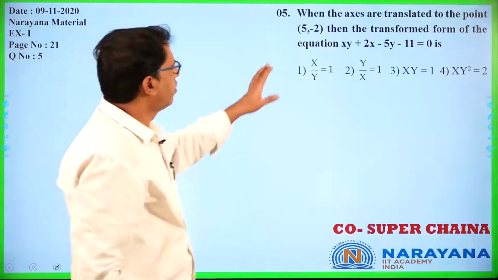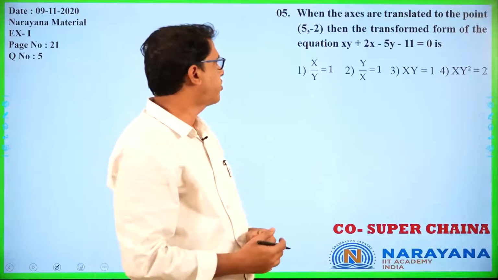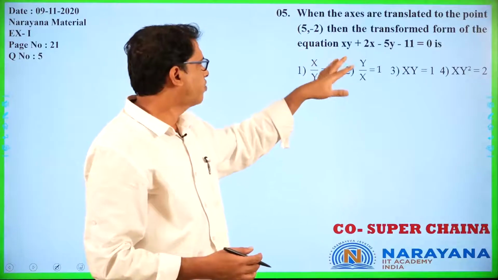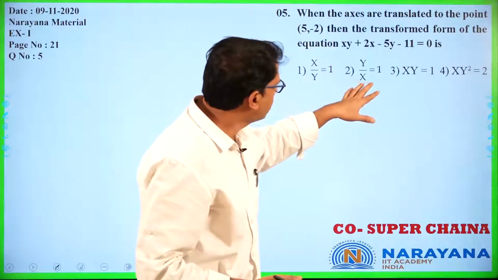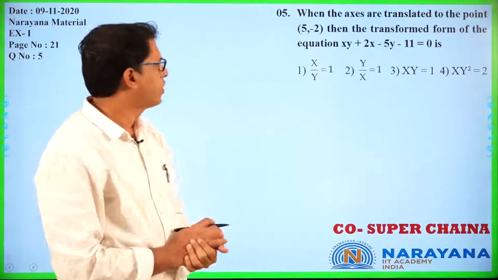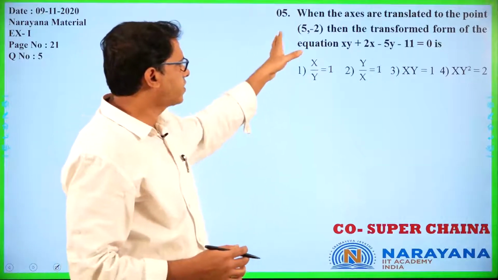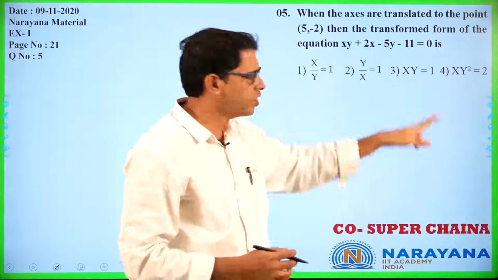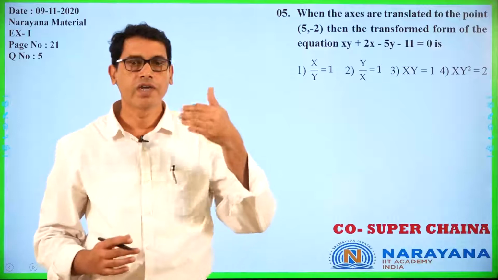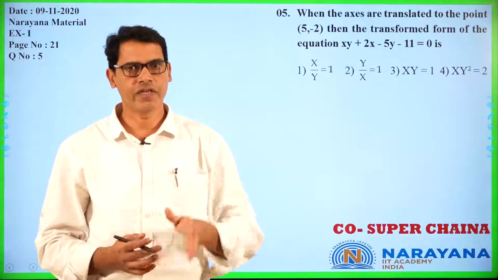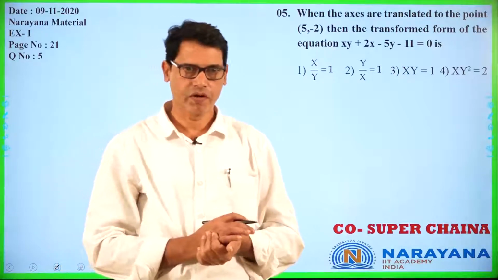When the axes are translated to the point 5 comma minus 2, then the transformed form of the equation, again the same, means again we have to find the new equation, same as the previous.